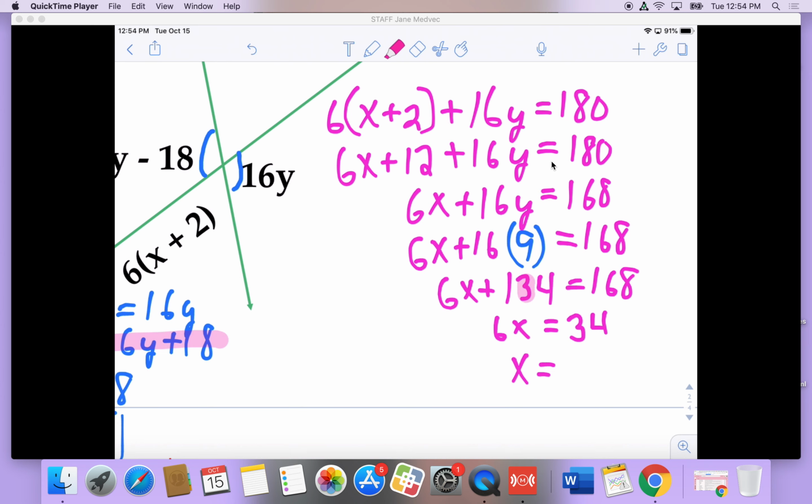Yeah, this is 144. I was going to say something doesn't look right. So this is a 144, and this gives me 24. So then I get 4. Okay.